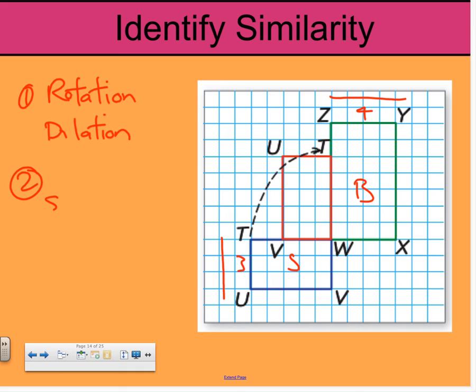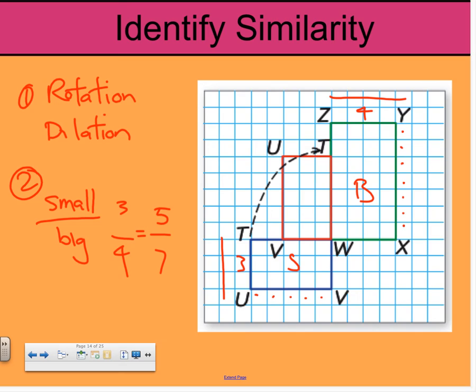So it's always a good idea to write this word ratio down. So I have small, which was 3, big, which is 4. Okay? Now we've got to try the other side. So UV is 1, 2, 3, 4, 5, and that's the small one. The corresponding side to UV then would be this one here, which is 7.